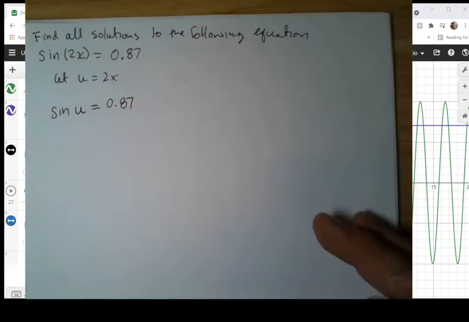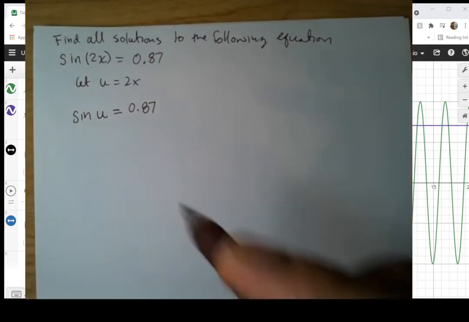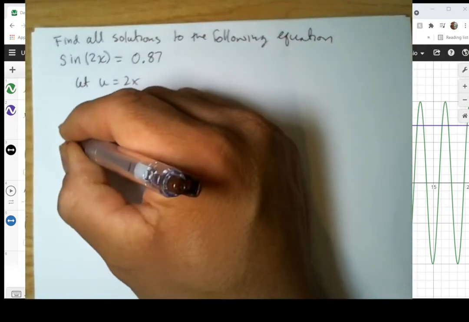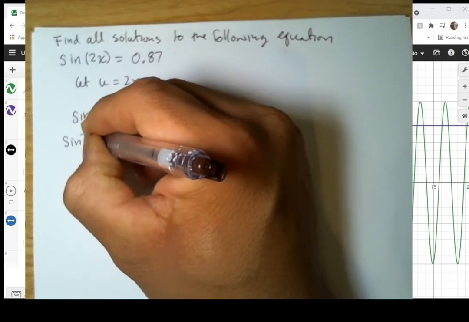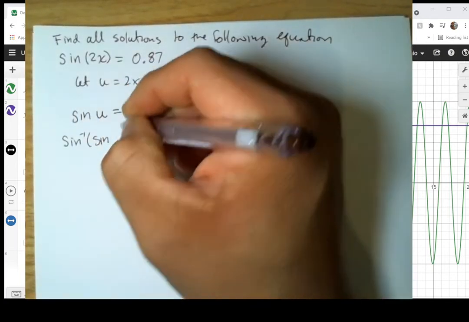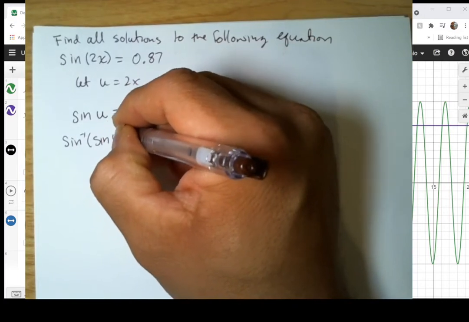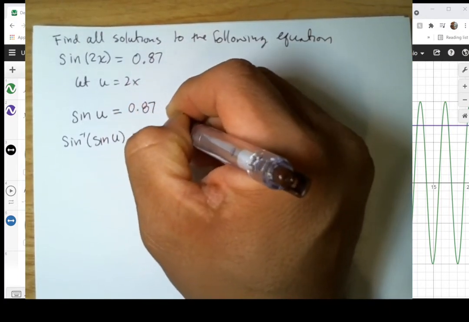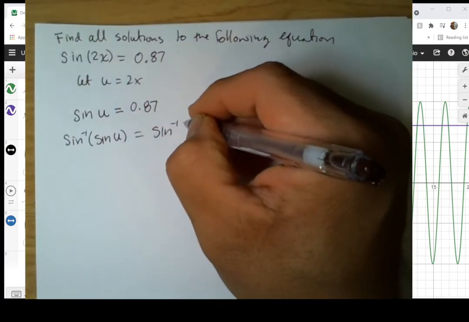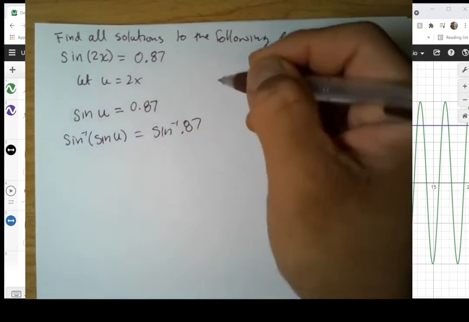So I can use the inverse like an operator. Inverse sine of u equals inverse sine of 0.87.